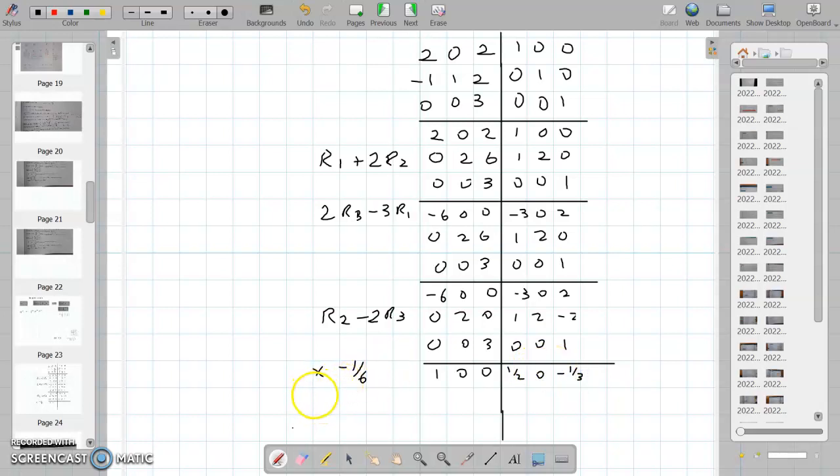And I'm going to multiply by a half to get 0, 1, 0, and this will become a half, 1, minus 1. And lastly, multiply by a third. So this will become 0, 0, 1, 0, 0, 1/3. The next thing to do is get your calculator out and check that the inverse of this matrix is that.